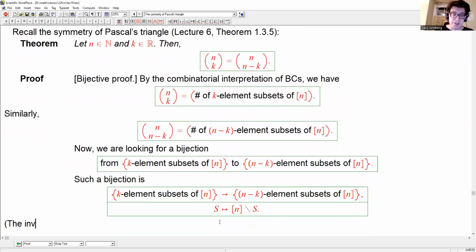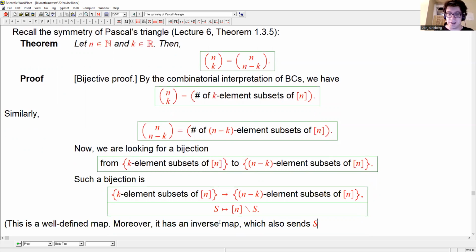So first of all, this is a well-defined map. Moreover, it has an inverse map, which also sends each S to the complement, because the complement of the complement is again the original set. So thus it is a bijection.